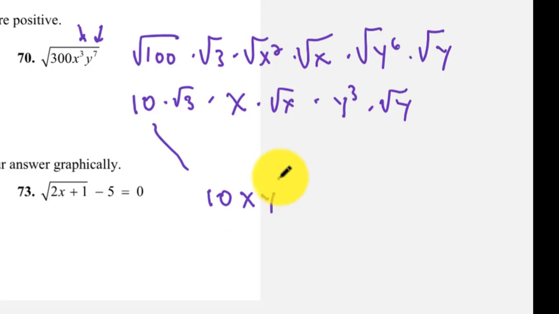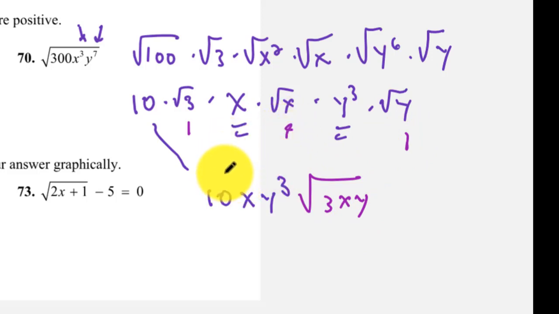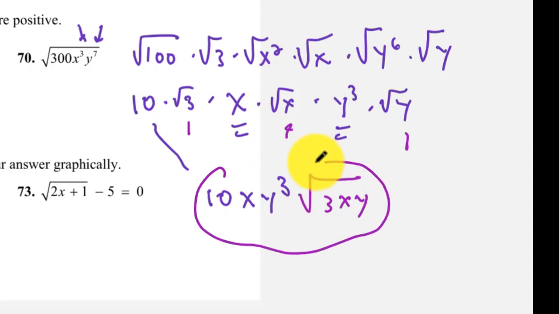Then we have an x times a y cubed. That's this piece and this piece. What else do we have? We have a square root of 3, square root of x, and a square root of y. And I think that's our final answer.